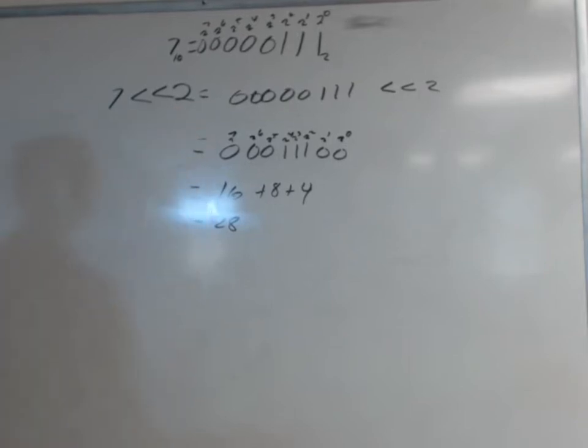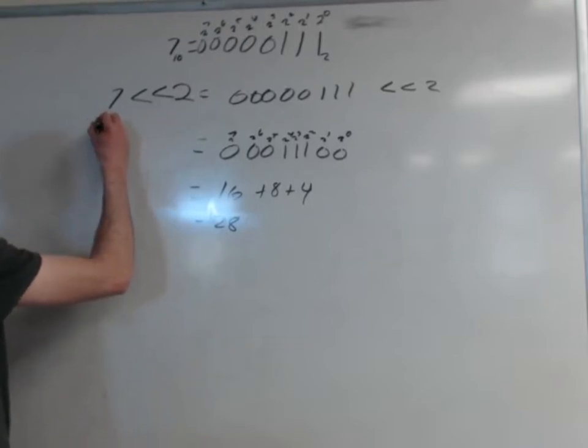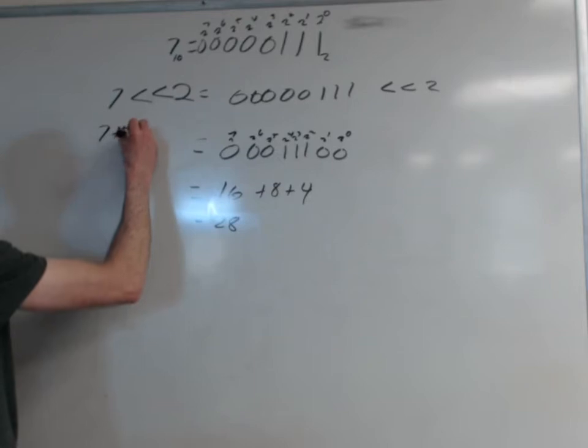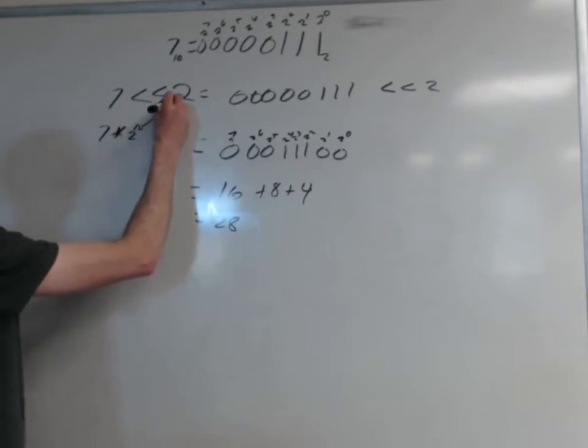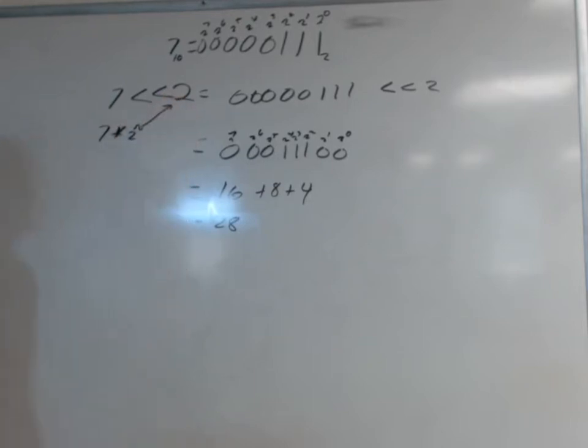If this was a 3, the number would be 56. What this is really doing is 7 times 2 raised to the what's up there? 2. Right, it was 4. If that was a 3, it'd be 2 raised to the third, which is 8.